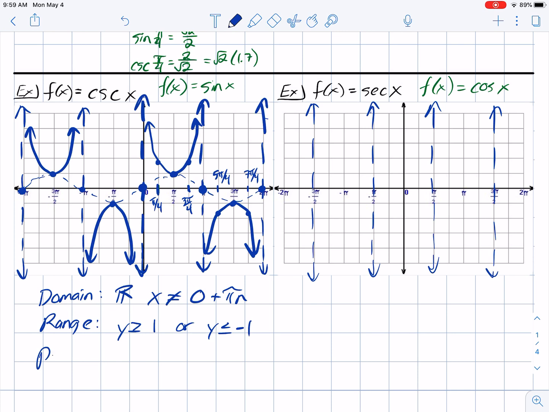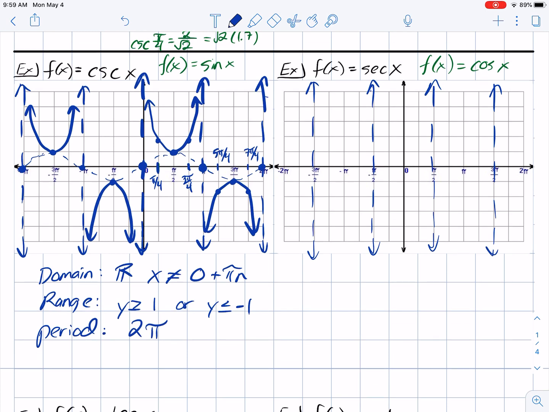We do have a period length where it repeats. So the period length for this function, again, would be 2 pi, because if we continue this one more time, it would repeat over here. So just like sine, cosecant, the period length is 2 pi. And then really the domain tells you the asymptote.